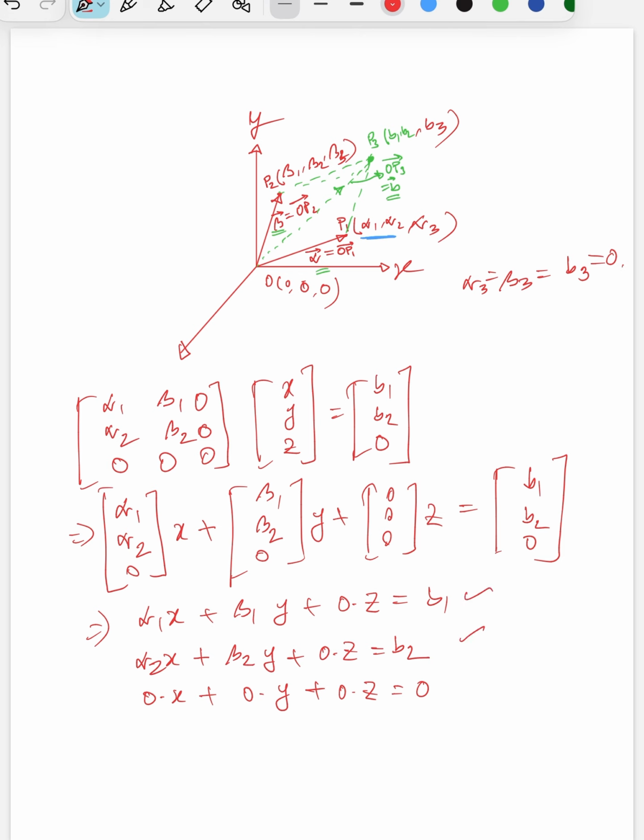So all three are valid equations, but actually there are only two useful equations. If there were any component in the z direction, we could also make this structure useful. Similarly, the same thing can be written in n dimensions. In n-dimensional space, the only difference is that everything else is going to be 0 other than the x and y axis or coordinate system.